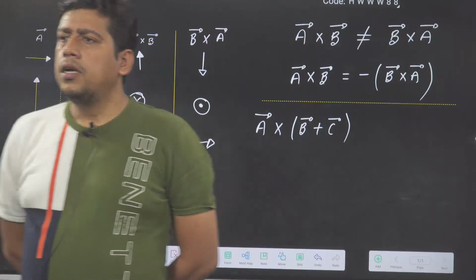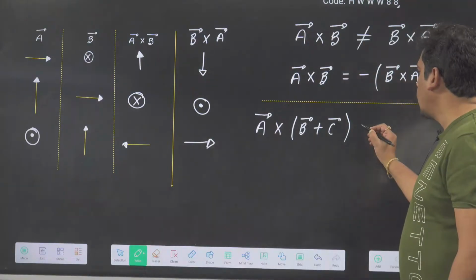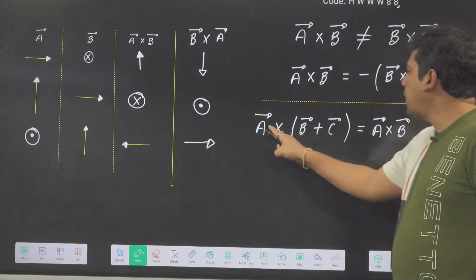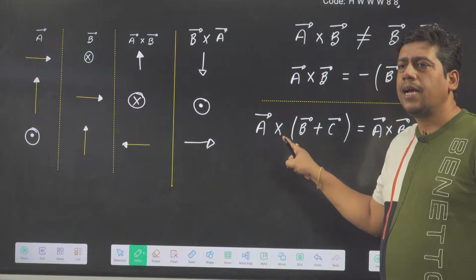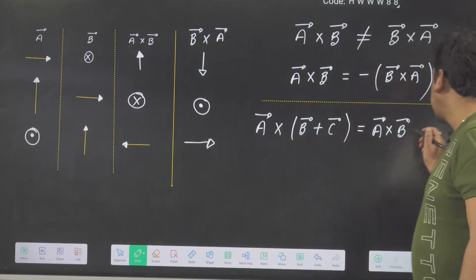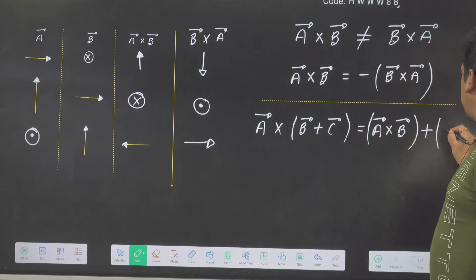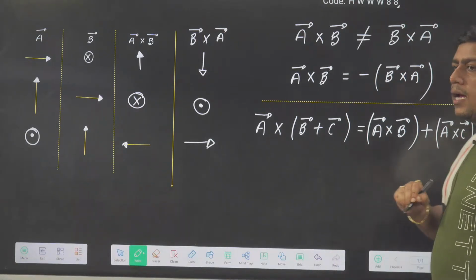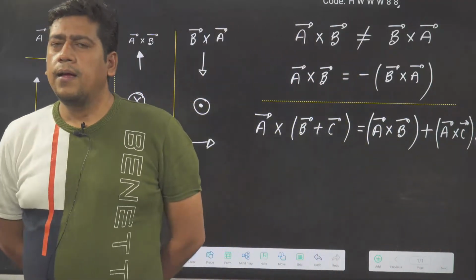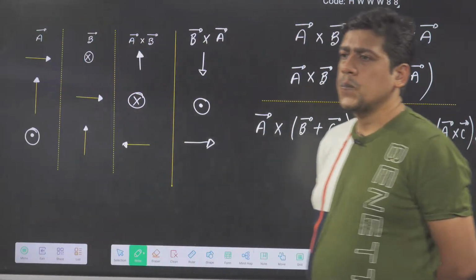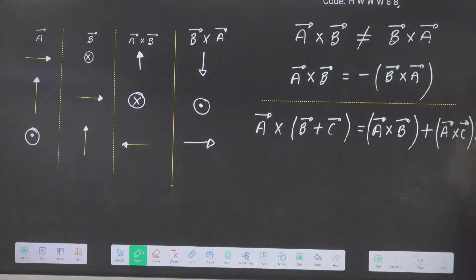A cross B vector plus C vector equal to, first you multiply A cross B, A and B. Then, just like normal algebra, plus sign, A cross C. Okay? A cross B plus A cross C. We will do numerical based on this also.